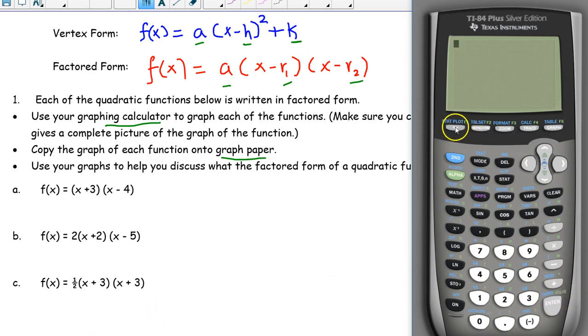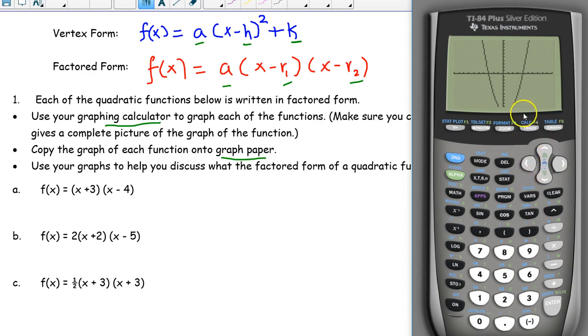Now let's go to y is equal to, start the parentheses, x, then plus 3, close the parentheses, and again open, x, minus 4, close the parenthesis. So you have your function y is equal to x plus 3 times x minus 4. Now let us hit the graph.